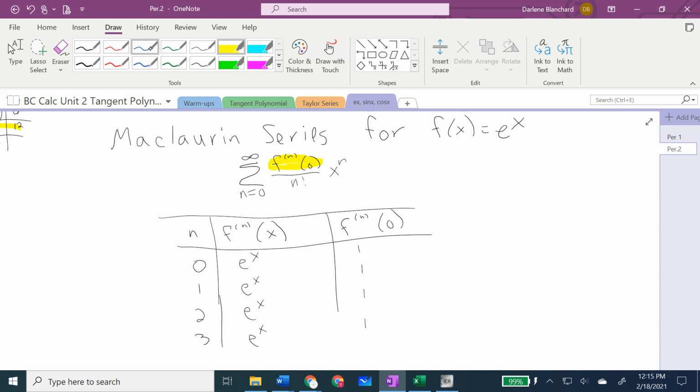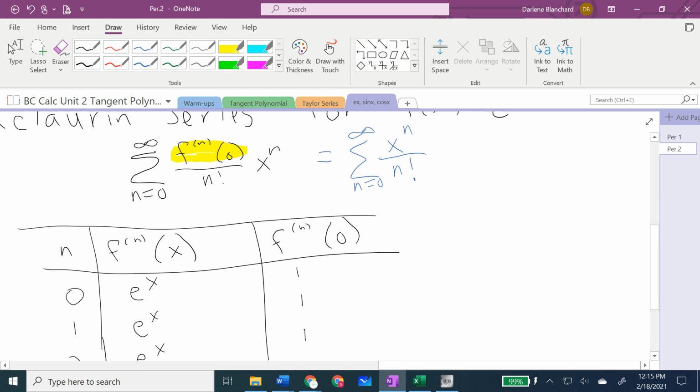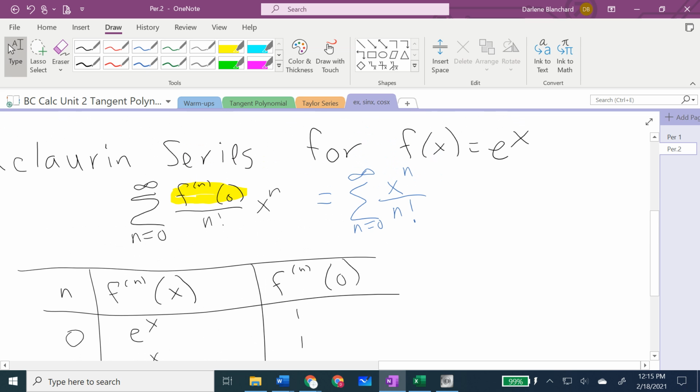And if you replace that with a 1, then it is typically written with the x to the n power in the numerator. And that's actually a pretty decent formula to try to remember. And remember, you will. X to the n divided by n factorial.